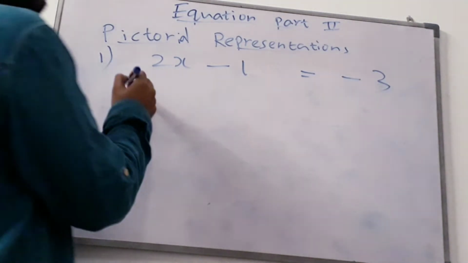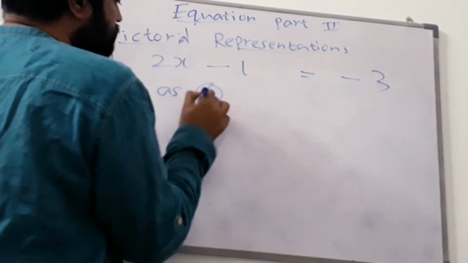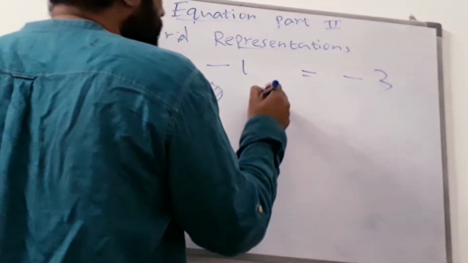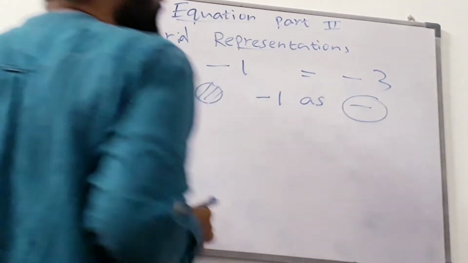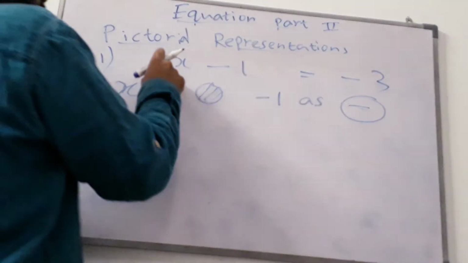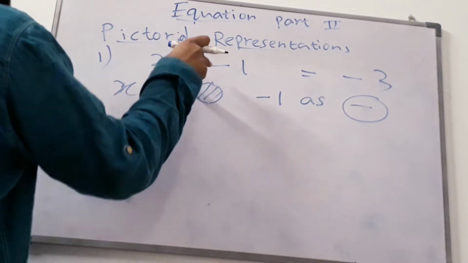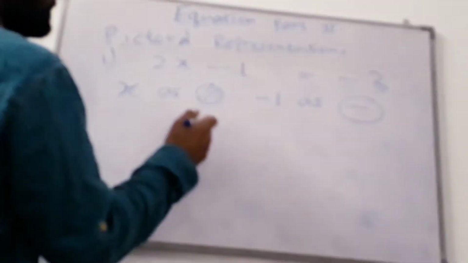I'm going to make x as a colored circle like this, and minus 1 as a circle with the minus sign. I'm going to make a picture which represents this expression.